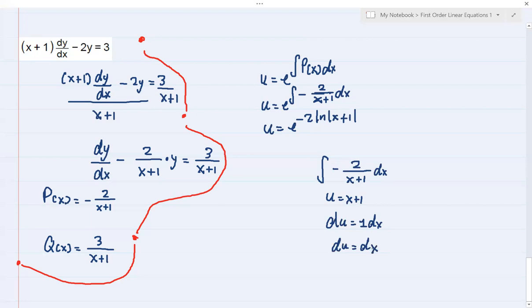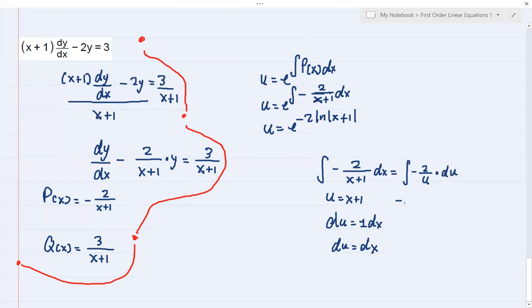Then find your dx. So, since du is equal to dx, therefore your dx is equal to du. So, let's substitute. We have negative 2 all over u, times your dx, which is your du.